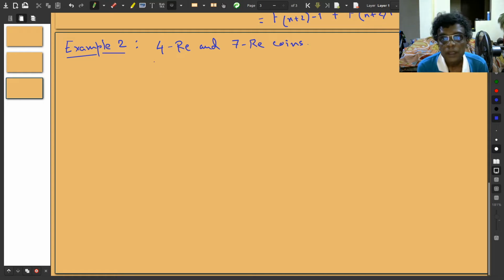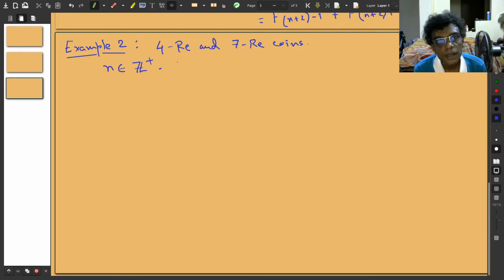You are given an input n in Z plus, and suppose you have an unlimited supply of 4 rupee coins and 7 rupee coins. The question you face is whether this integer amount n can be exchanged by 4 rupee coins and 7 rupee coins.